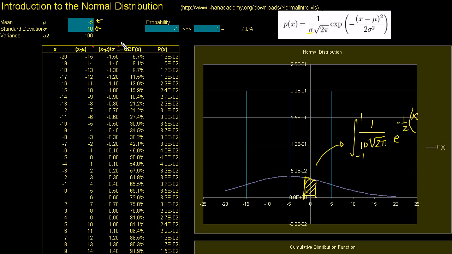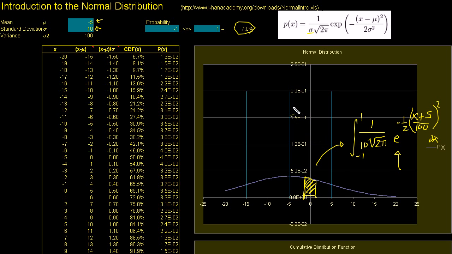Our mean is -5, so it's x plus 5 over the standard deviation, which is 10, squared, dx. This is what this number is, this 7%, or actually 0.07, the area right under there. Now, unfortunately for us in the world, this isn't an easy integral to evaluate analytically, even for those of us who know our calculus.